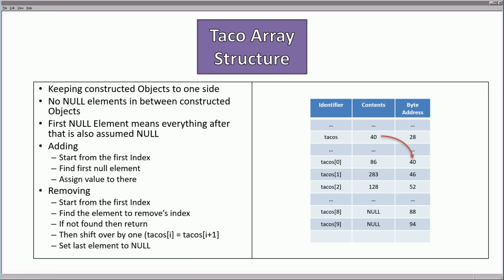Now let's take a look at remove. For argument's sake, let's say that we wanted to remove this from the array. As we know, if we want to remove an object from memory in Java, what we do is we lose the reference. We lose the path to that object.